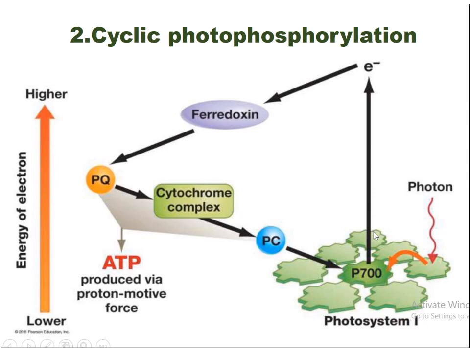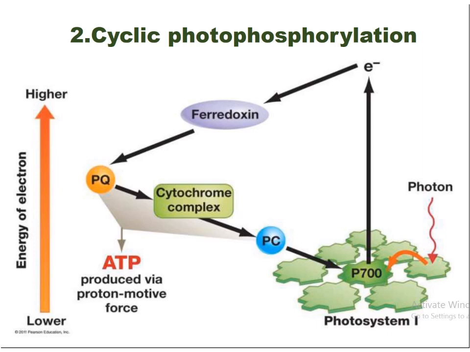This process is predominant in bacteria, algae, cyanobacteria, and green plants. Even in green plants, when the NADP supply is reduced or stopped, cyclic photophosphorylation takes place.